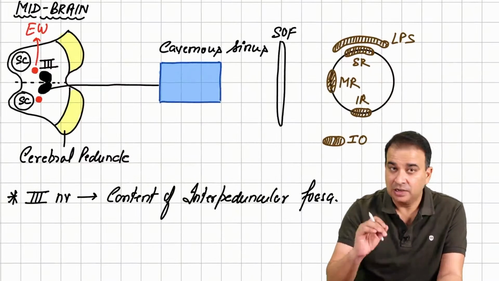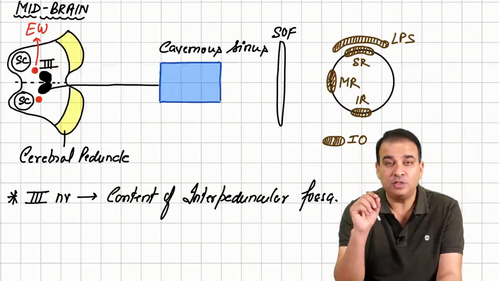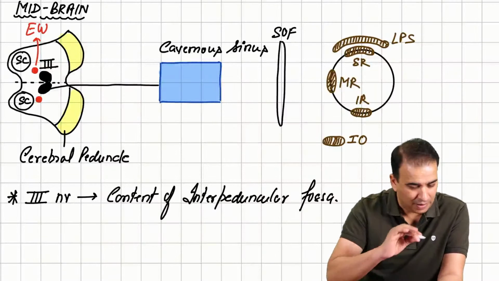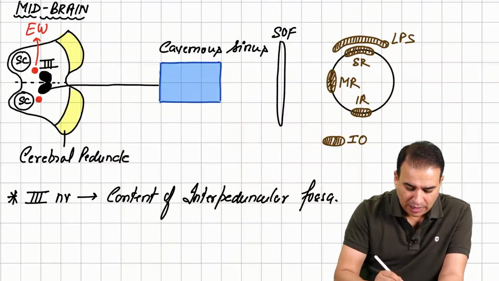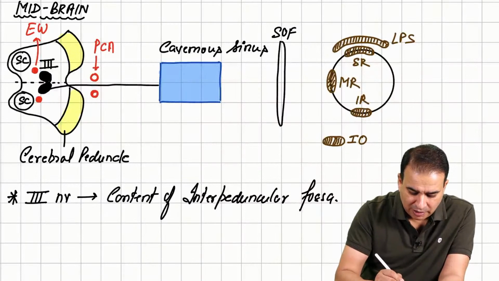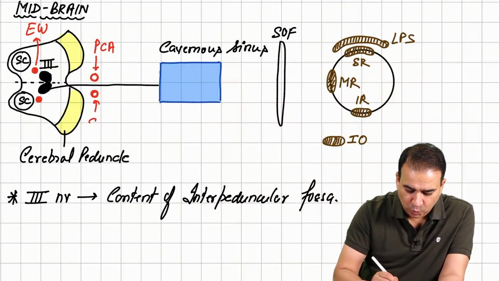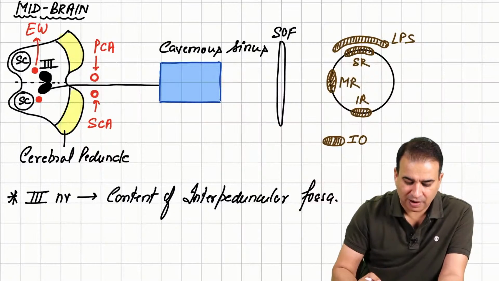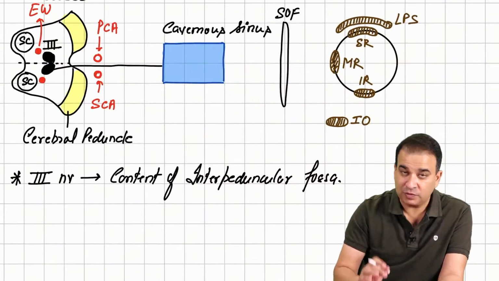Then you will see the third nerve actually runs between two arteries. Again, I cannot discuss these arteries for now. I'm just putting the arteries over there, but I definitely will discuss them in the neuroanatomy. There are two arteries: one is the posterior cerebral artery, the PCA, and one is the superior cerebellar artery. You will see the same exact story with the fourth nerve also.